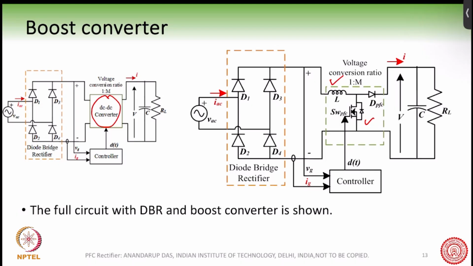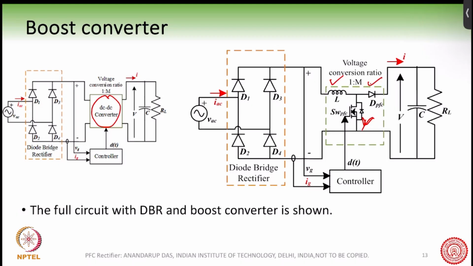So we will most likely have to use MOSFETs here. Depending on the power rating, the maturity of the technology, and the cost that we can incur, we may use a silicon MOSFET or a silicon carbide MOSFET. Both are possible. Then we have this inductor, this switch, and the diode.